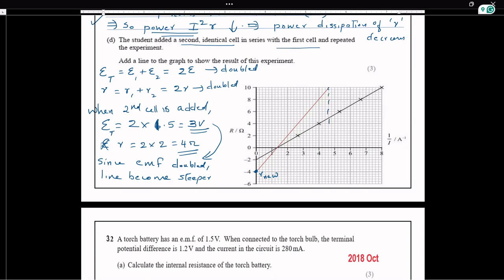at a value half the value of the previous 1 over I. Earlier, the resistance became 10 ohm at a value of 6.5 per amp.